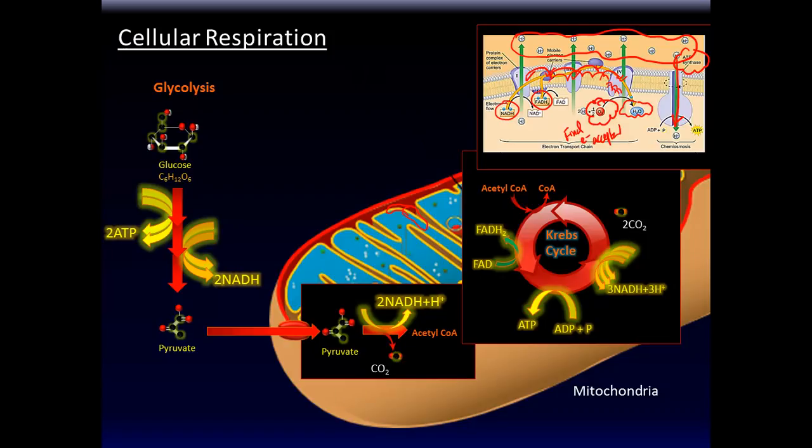If the oxygen is not there, the electron transport chain does not work, and the whole of Kreb cycle and all this backup, none of that will occur. So oxygen is very critical because it is the final electron acceptor. It keeps the system going and keeps the system in electrical neutrality.